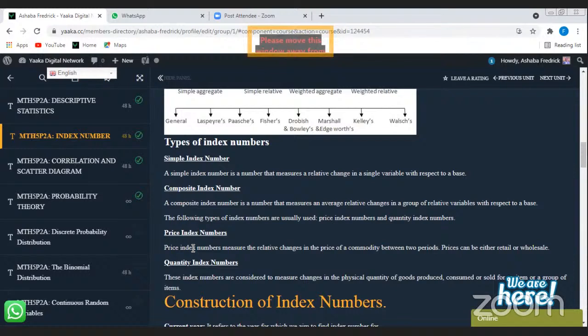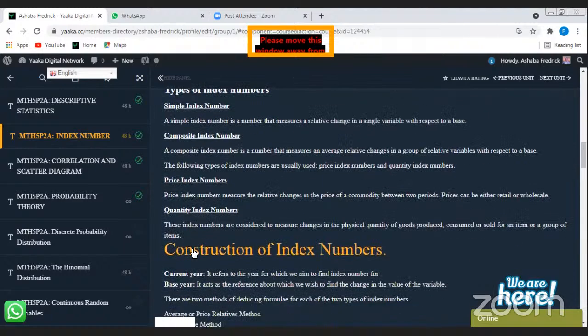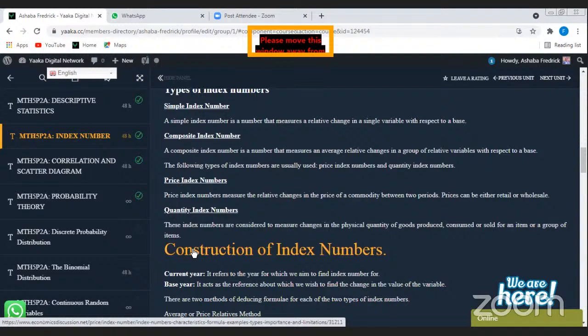Then quantity index numbers are considered to measure changes in the physical quantities of goods consumed or sold for an item or a group of items. So here we look at the quantity, because sometimes the quantities reduce and at other times they increase. Those are some types of index numbers whose calculations we are going to look at.